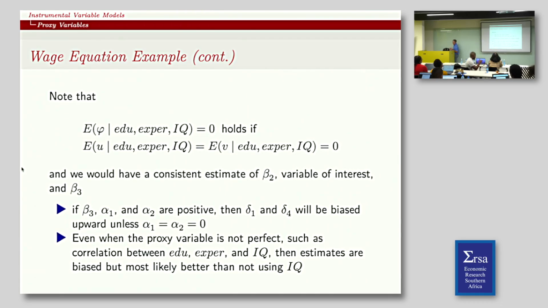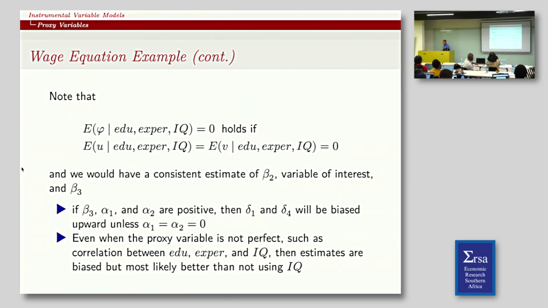So we're basically making the assumption that, to run this regression with this sort of proxy variable, we need some measure of exogeneity of the new variables in the regression. Once we have it, we get consistent estimates of beta 2 and beta 3, unless we've got failure of that assumption.